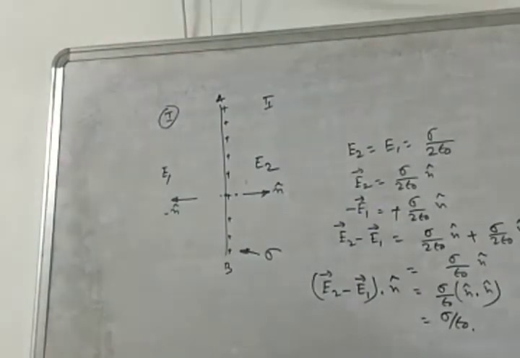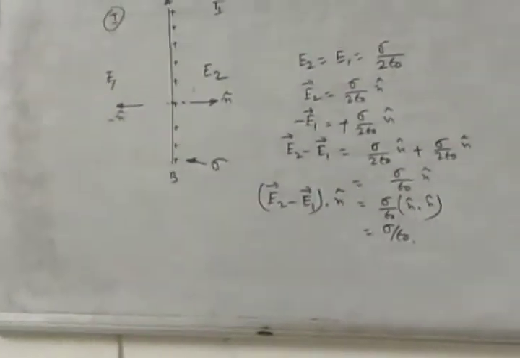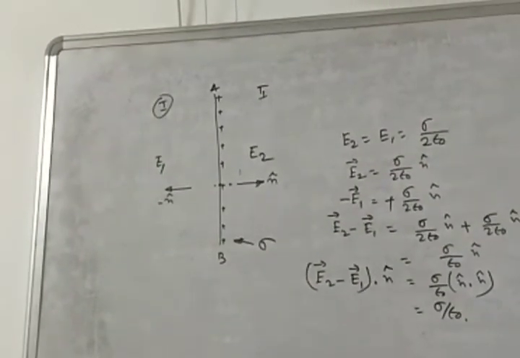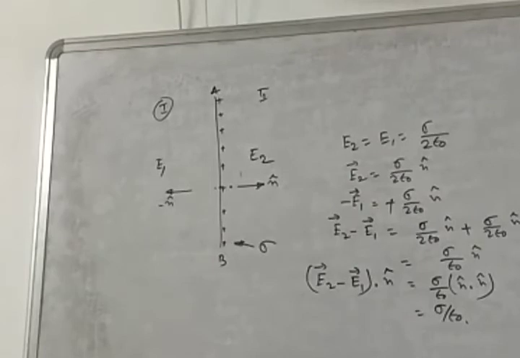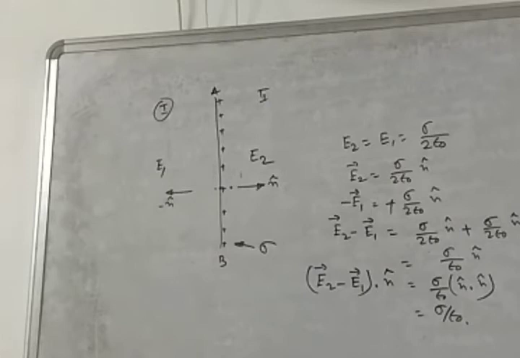So we see the result. Our result is proved that the normal component of the difference is equal to sigma by epsilon naught. That means the normal component of the difference is not equal.